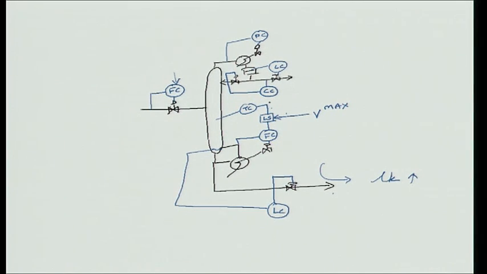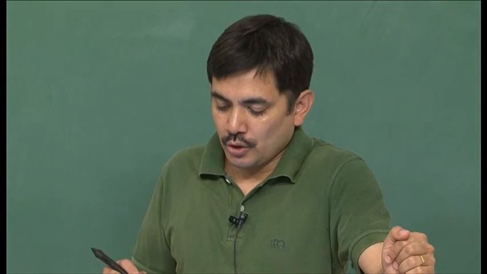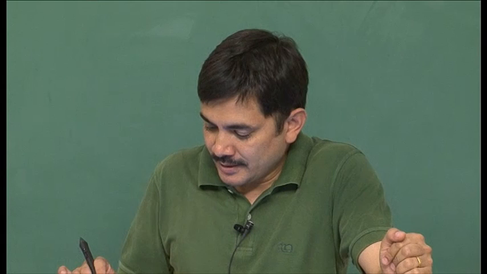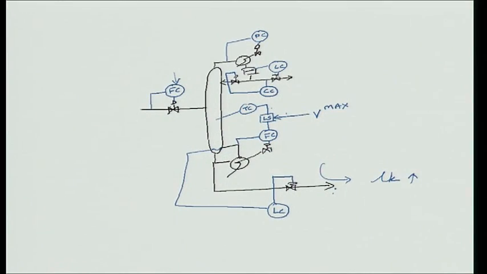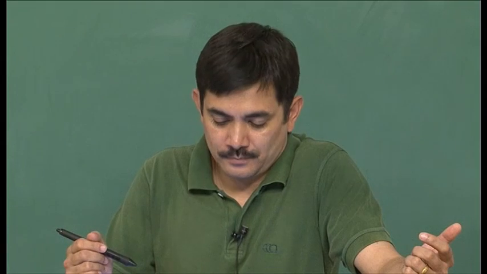That means your column will lose too much of light key down the bottoms. Now let us say the bottom stream is a waste stream, and let us say the light key is precious. Then since too much light key is being lost, it is an economic loss. So I do not want to lose temperature control on the column.